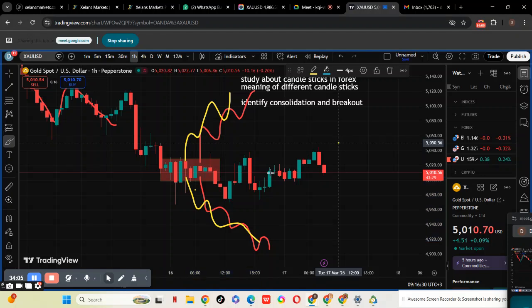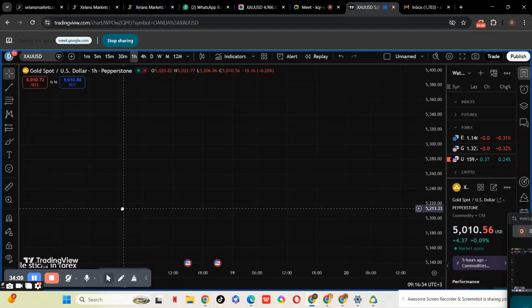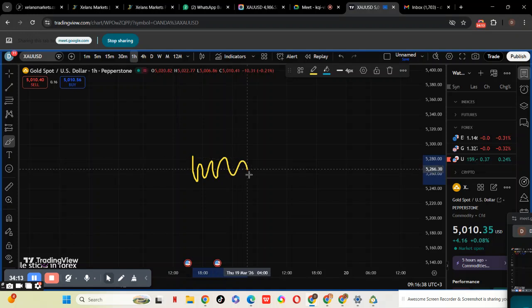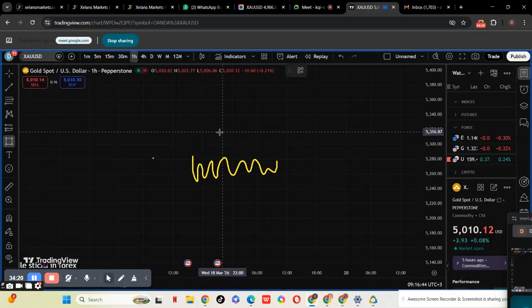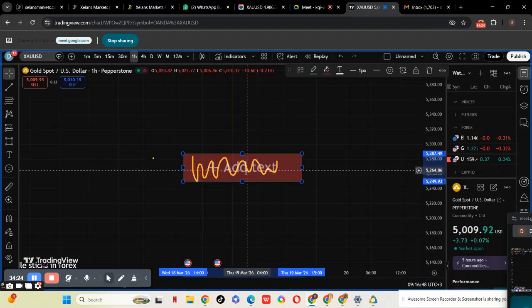So, what do you do when you identify a consolidating market? For instance, if this is a consolidating market, we identify the highest part of that consolidation and the lowest part of that consolidation. So that's the highest point, and that is the lowest point. This market is just dancing within this region.